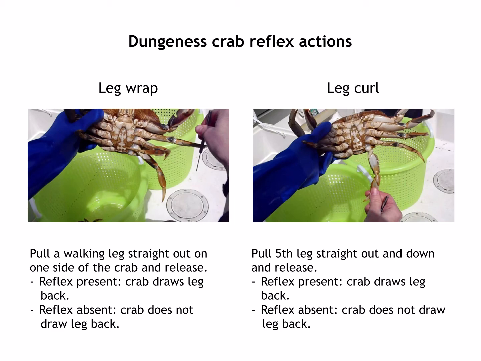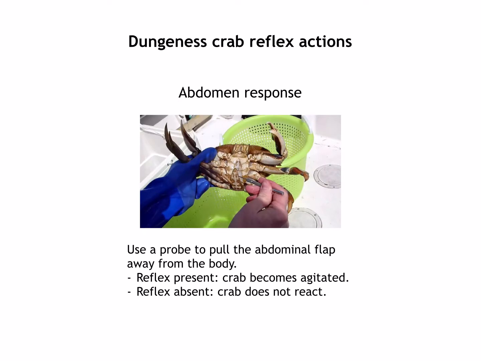Crab draws leg back. Reflex absent. Crab does not draw leg back. Abdomen response. Use a probe to pull the abdominal flap away from the body. Reflex present. Crab becomes agitated. Reflex absent. Crab does not react.